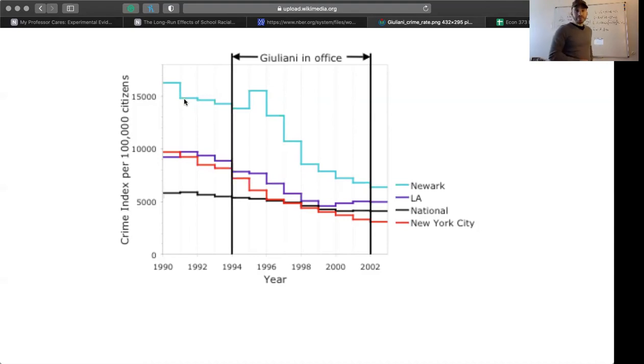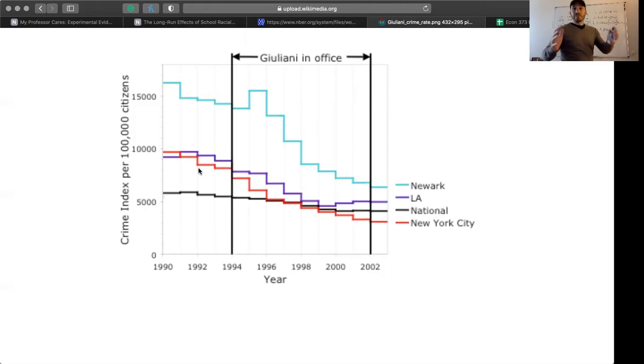So they do have similar downward trends over this period, but they're not strictly parallel to one another. I would be much more convinced if I had a city here that also had a small decrease in crime in each period, and the largest decrease was in this same year as it was for New York City.